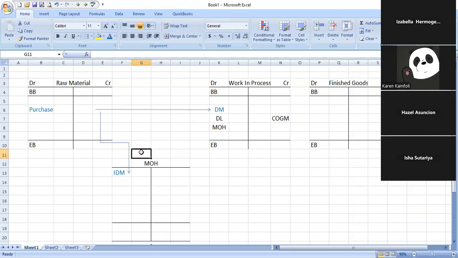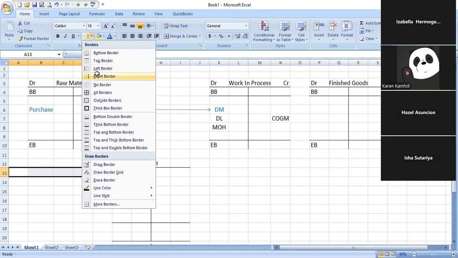Yes. So the next thing that we have to do is to get the direct labor. Now, from where am I going to get the direct labor? I can get it from some payroll account. Let's make here one small payroll account.